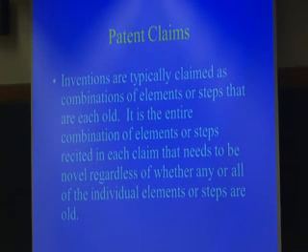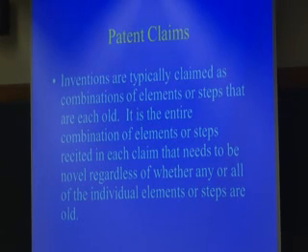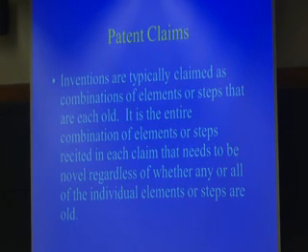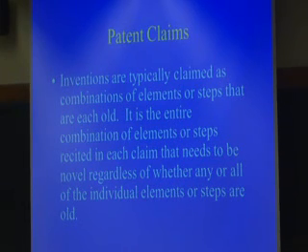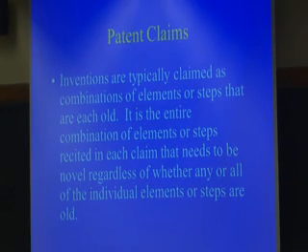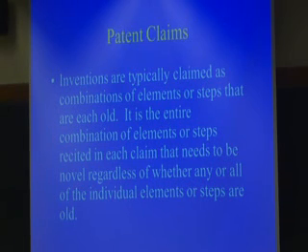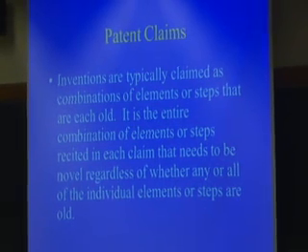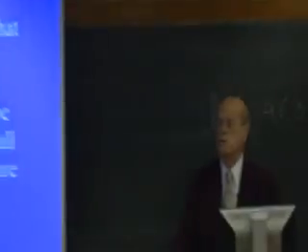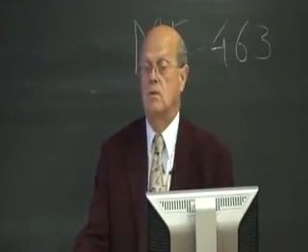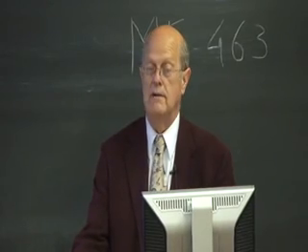Inventions are typically claimed as combinations of elements or steps that are each old. It is the entire combination of elements or steps recited in the claim that needs to be novel, regardless of whether any or all of the individual elements or steps are old. This is difficult for people to grasp right at the beginning, but in a sense, every invention ever made is a combination of old things that people knew about.